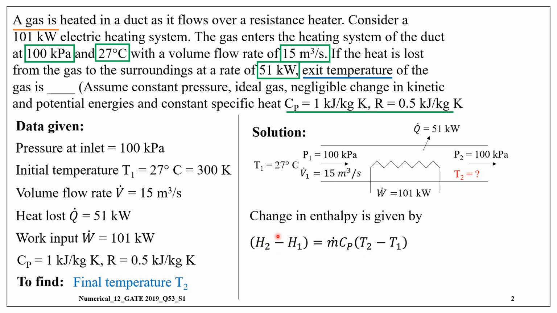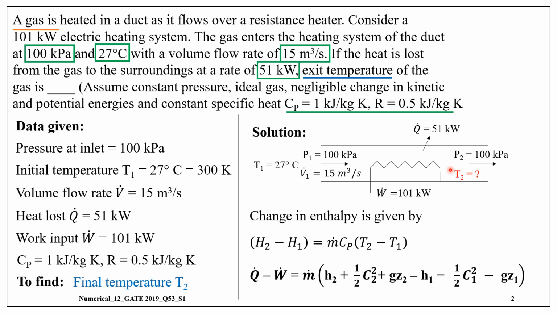To calculate H2 minus H1, we make use of steady flow energy equation, assuming the mass of gas entering is equal to the mass of the gas leaving.